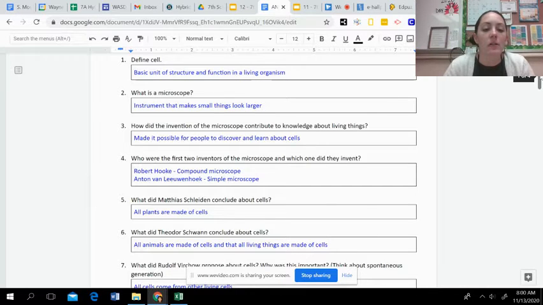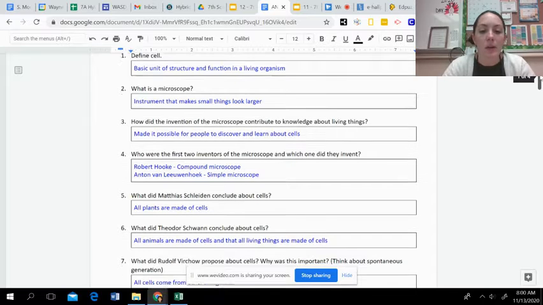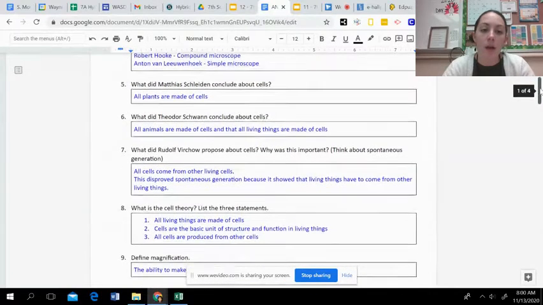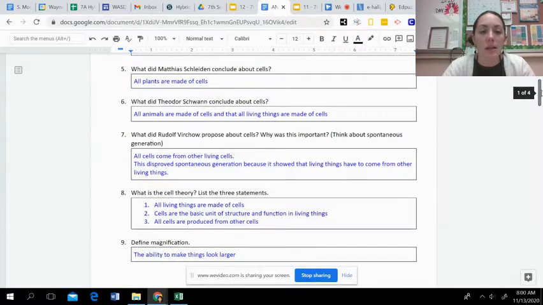And then Anton van Leeuwenhoek was looking at bacteria and teeth scrapings, and saw cells moving around and called them animalia because that's who discovered those animal cells and how they move around and function.